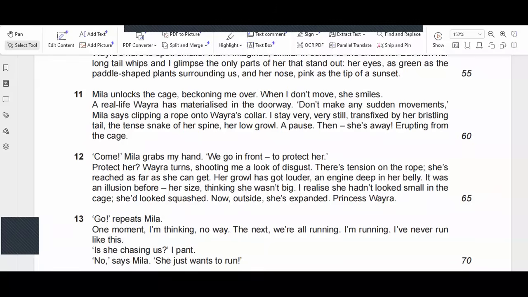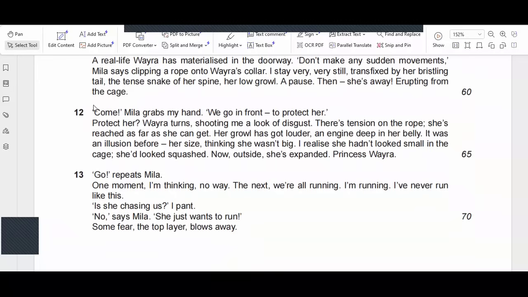So the narrator, Laura, froze, completely focused on her tensed body, her stiff tail, the curve of her back, Vira, the puma, and the low sound that she was making. There was a very brief moment of stillness, and then she suddenly bolts, rushing out of the enclosure. Okay, last two paragraphs, paragraph number 12.